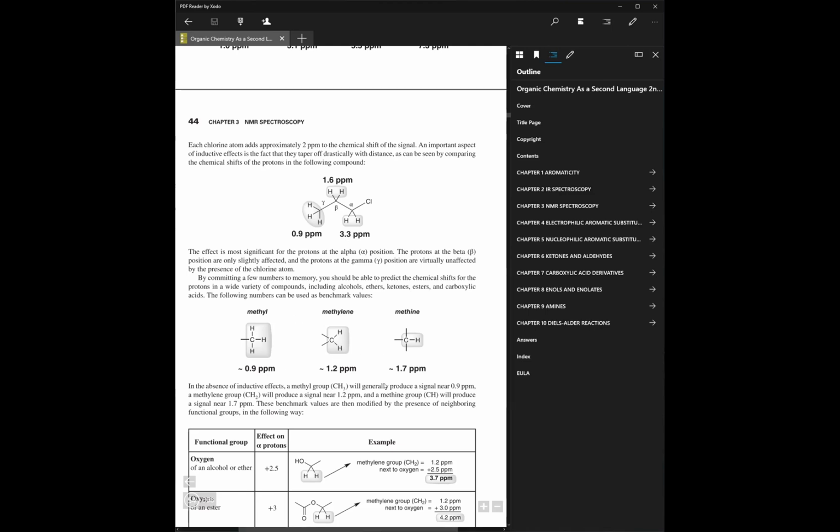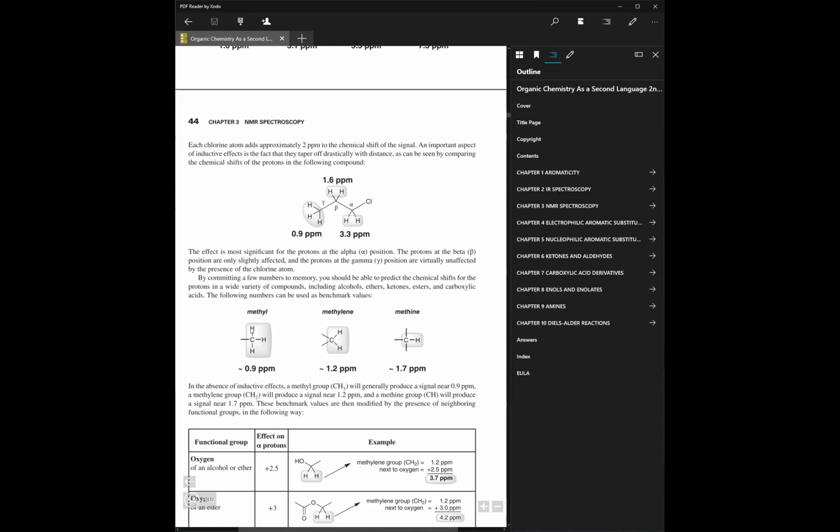And now if you see methylene groups, so a methyl group is something like CH3. This is 0.9. Methylene means it's connected to a carbon that's connected to 2 other carbons.